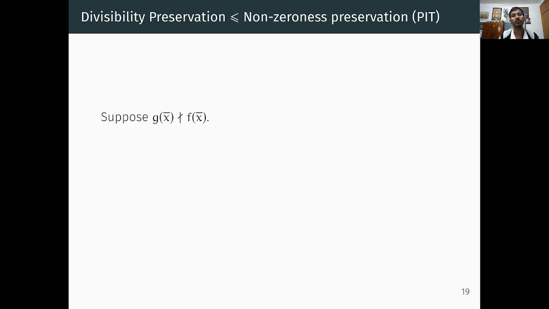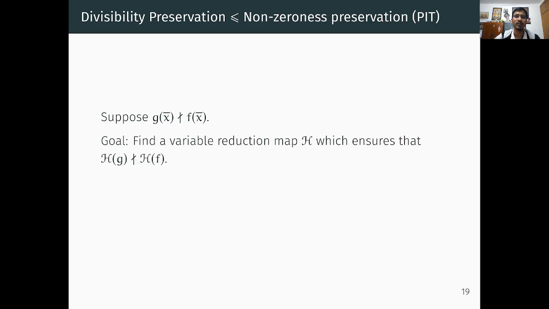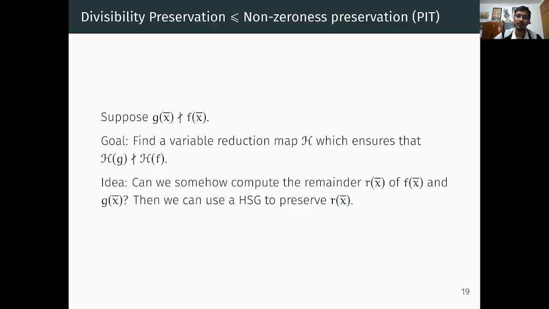Now, how do you preserve divisibility using PIT? Suppose G and F are the arithmetic circuits you're given, and you're told that G does not divide F. Now, how do you ensure that G does not divide F even after a variable reduction? The idea is to somehow compute something like a remainder of F and G, and then use the hitting set generator to preserve the non-zeroness of the remainder.